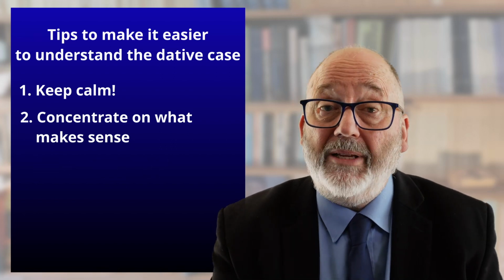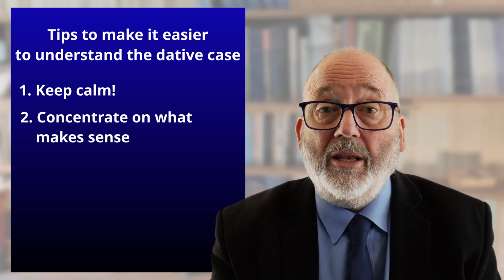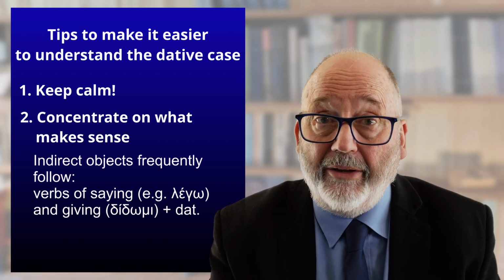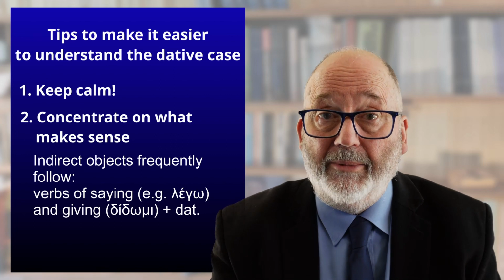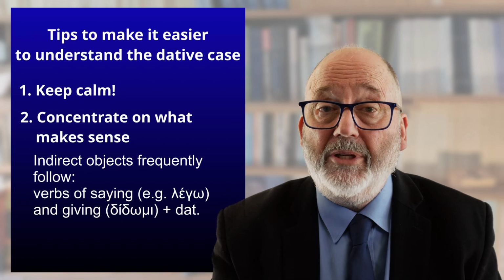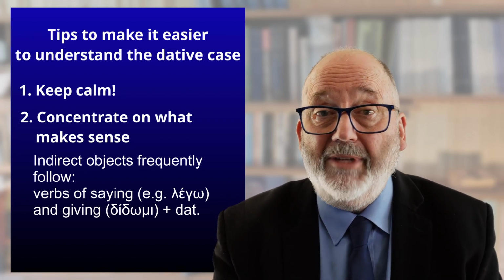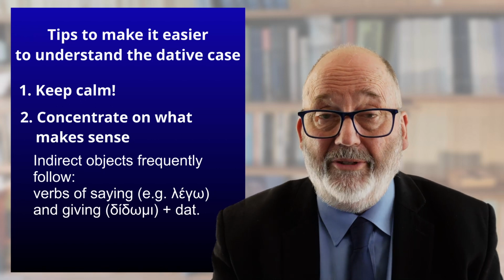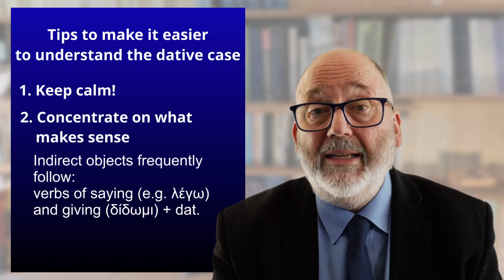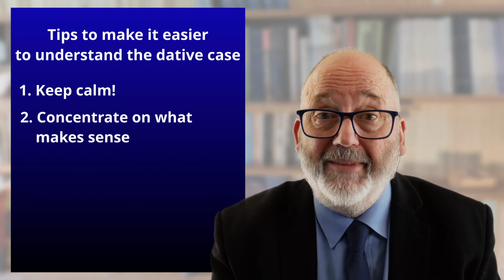Indirect objects might be a little bit challenging to understand, but if you concentrate on verbs of saying like lego and giving like didomi, you will find that they make sense. When you come to a sentence where Jesus says to Peter, it will just naturally translate for you, and you'll see that to Peter is in the dative case, and you'll say, that's an indirect object.